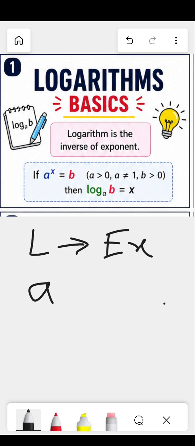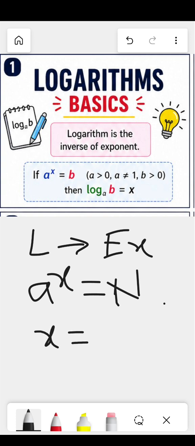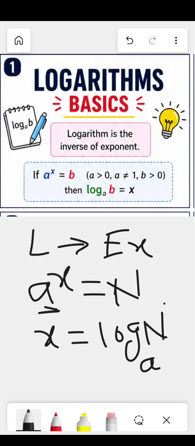If a power x is equal to n, then x is equal to log n, where the base is a. So x is equal to log n base a.